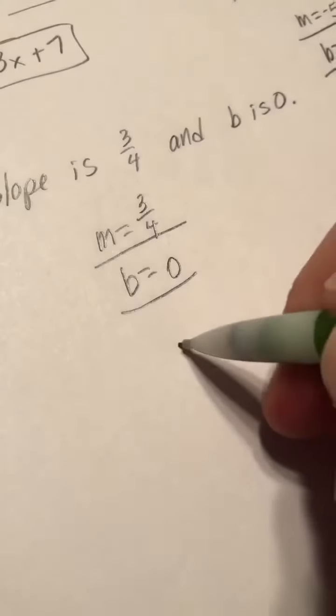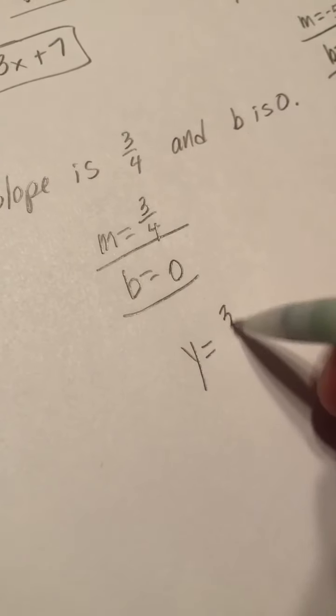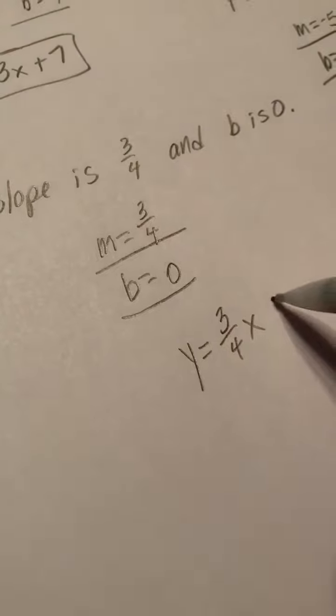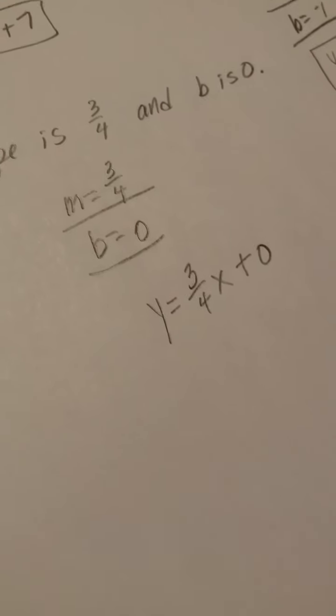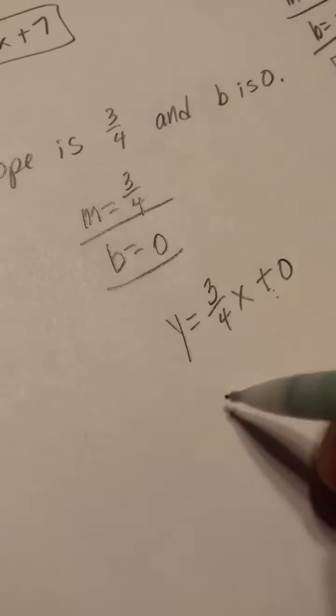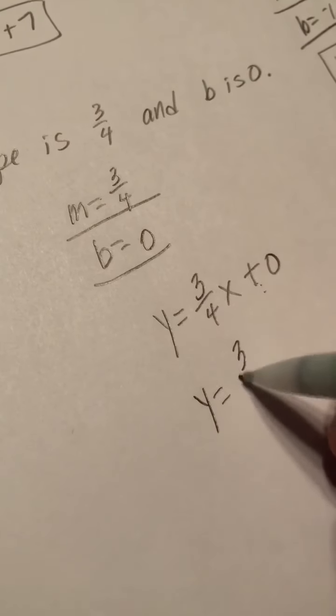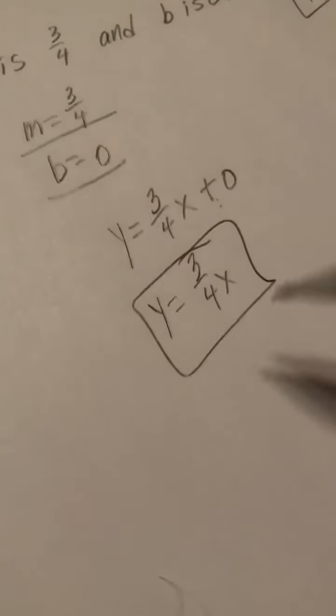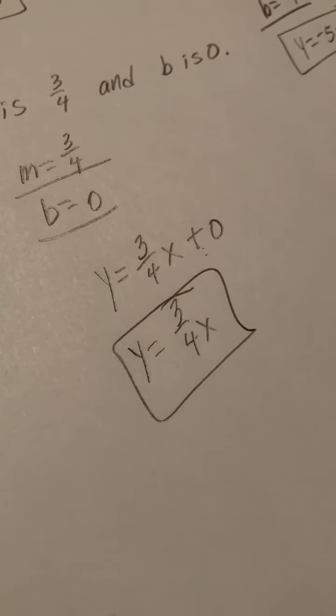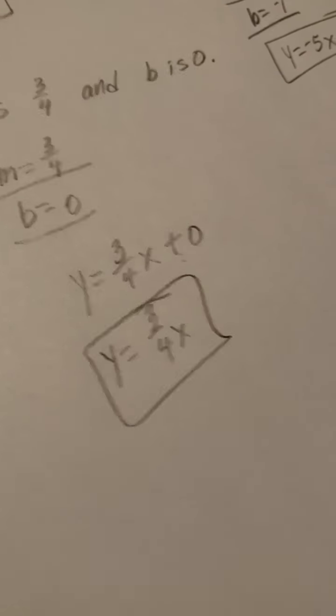So now when we write it out, y equals 3/4 x plus 0. But remember, we always simplify things, so this is not our answer. We do not write that plus 0. Our final answer is y equals 3/4 x.